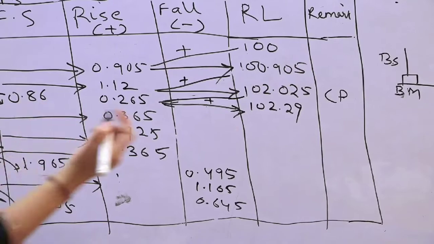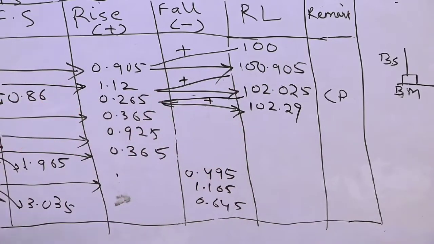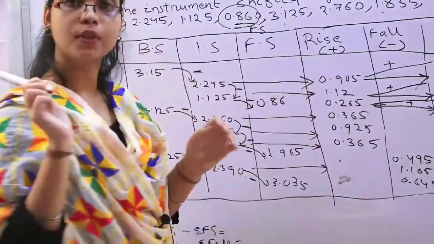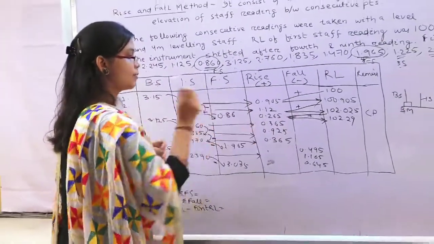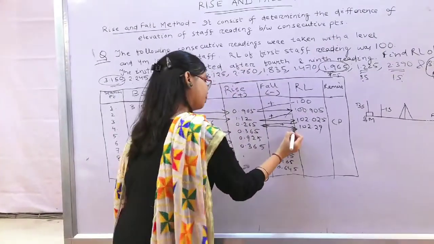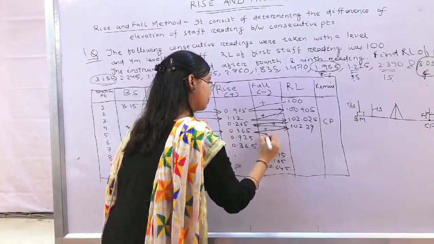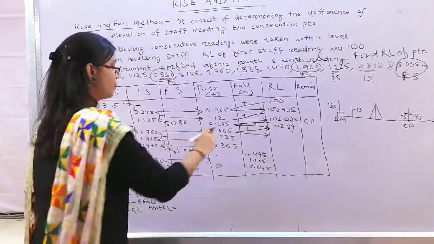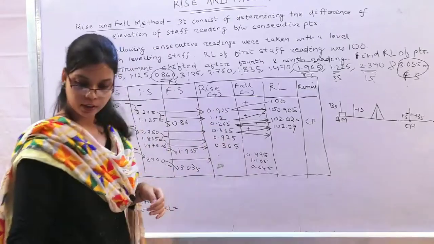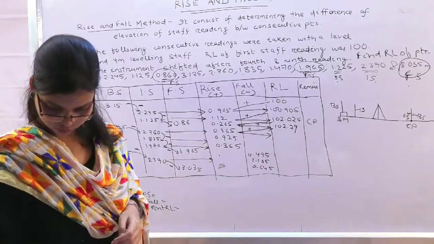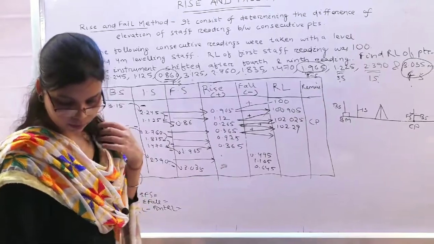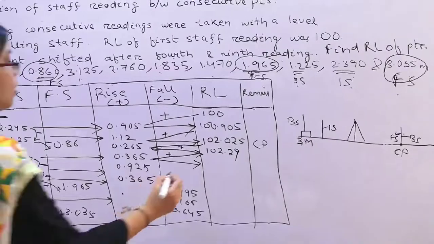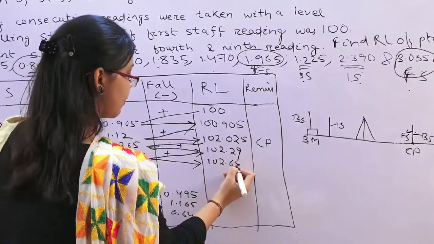Then again, how do we find the reduced level of the fifth point? The reduced level of the fourth point plus the rise value: 102.29 plus 0.365 will give 102.655.